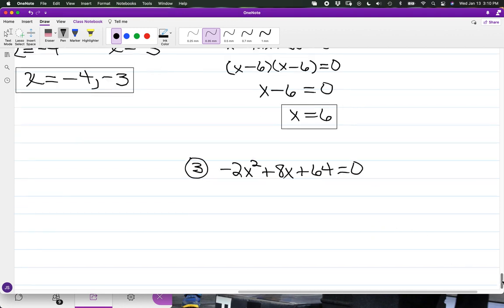One approach, if I want to work with just x squared, is to factor out the negative 2. Negative 2 into negative 2x squared will be x squared. Negative 2 into 8x will be a minus 4x. And negative 2 into positive 64 is going to be a negative 32.